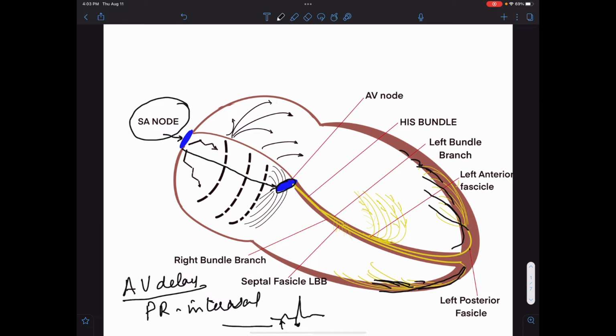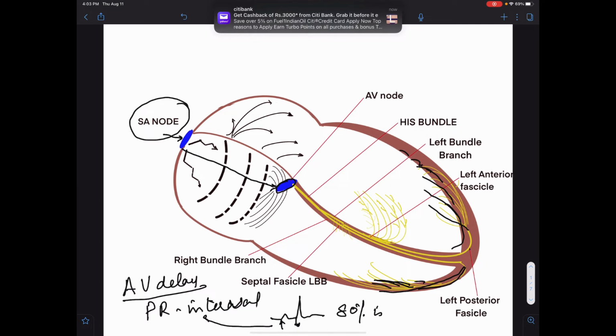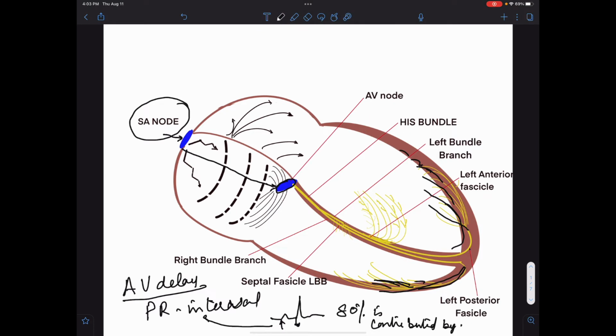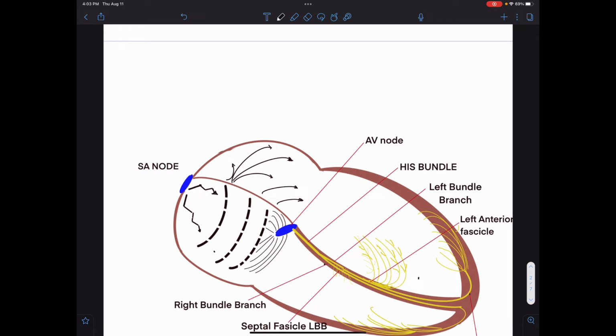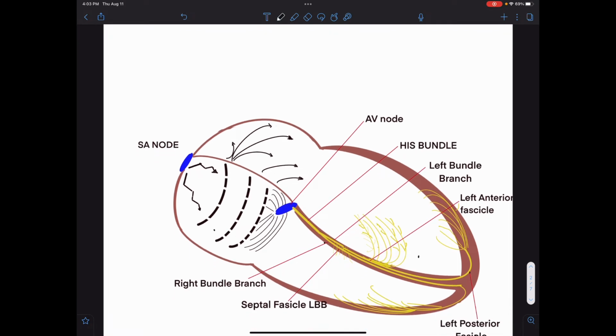is called the PR interval. Now, 80% of this is contributed by AV delay. Now, once the impulse crosses the AV node, then the path is very fast.